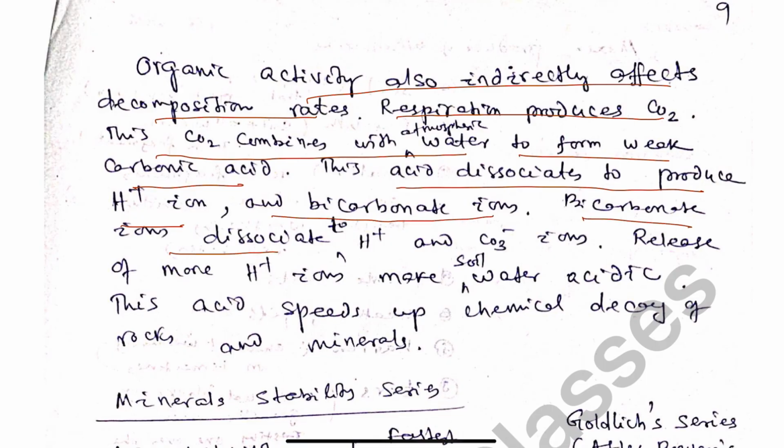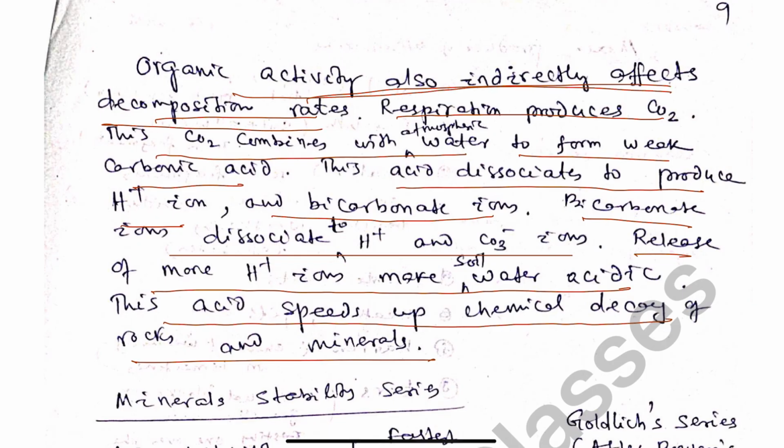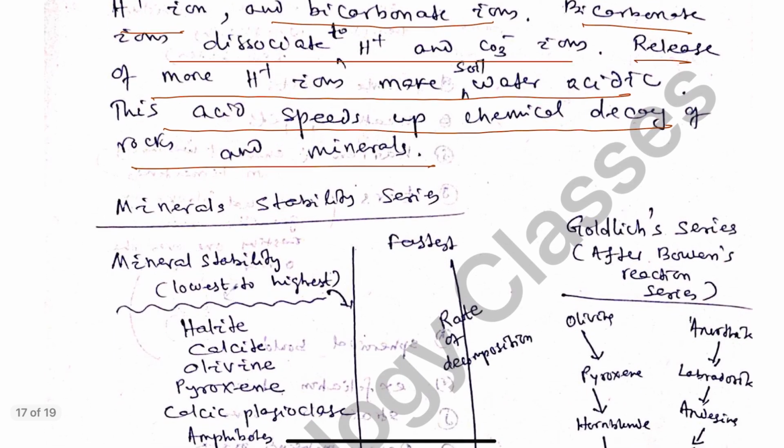This bicarbonate ion dissociates to liberate H plus ion and CO3 2 minus ions. Release of these more H plus ions makes the soil water acidic. This acid speeds up chemical decay of rocks and minerals. So, organic activity also indirectly affects the decomposition process besides chelation.